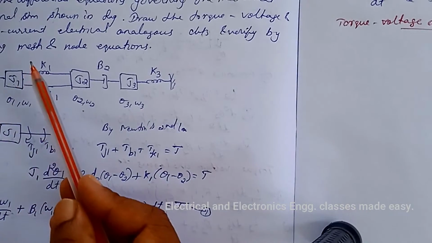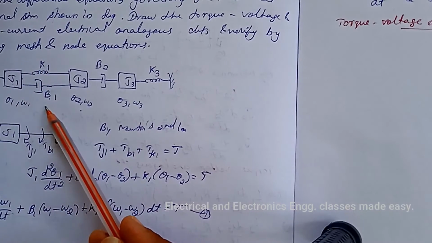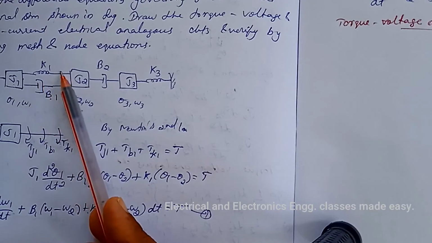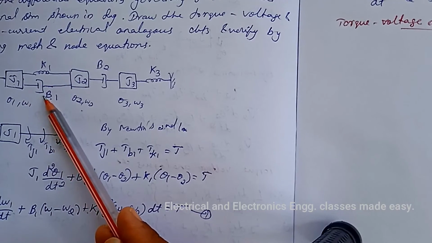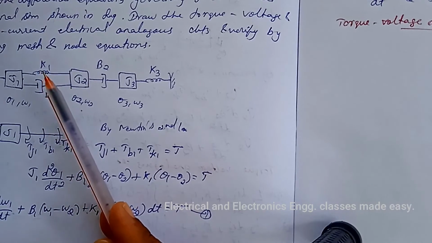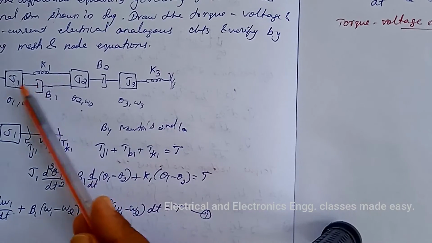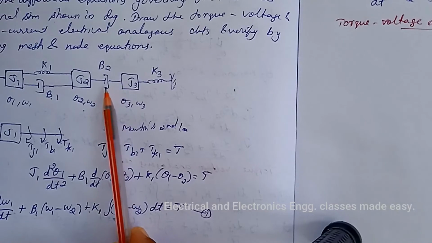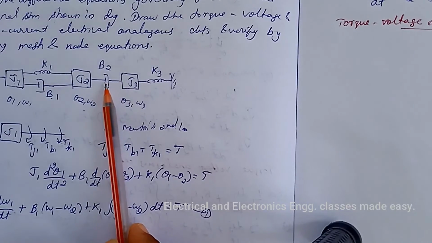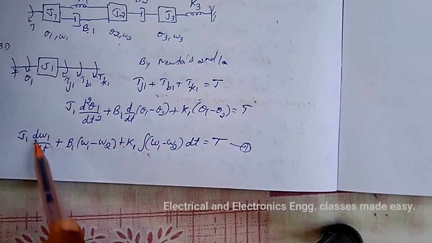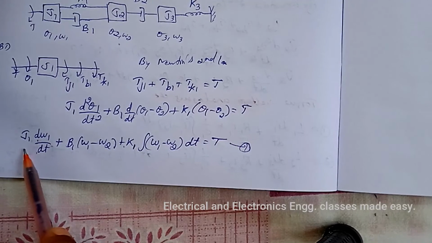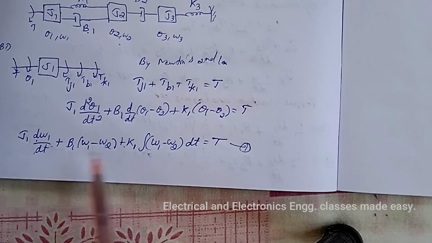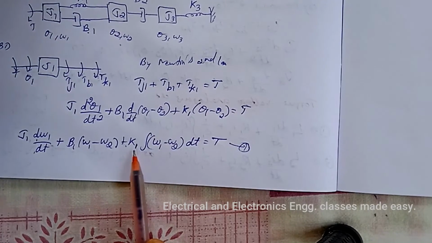So here in the first case K1 and B1 are common. K1 is analogous to the capacitor and B1 resistor. So capacitor and resistor will be common in the first loop. Then in the second loop there will be the resistance in common. So in the first equation there will be J1. J1 is inductor. Then B1 is analogous to resistor. K1 is analogous to capacitor.